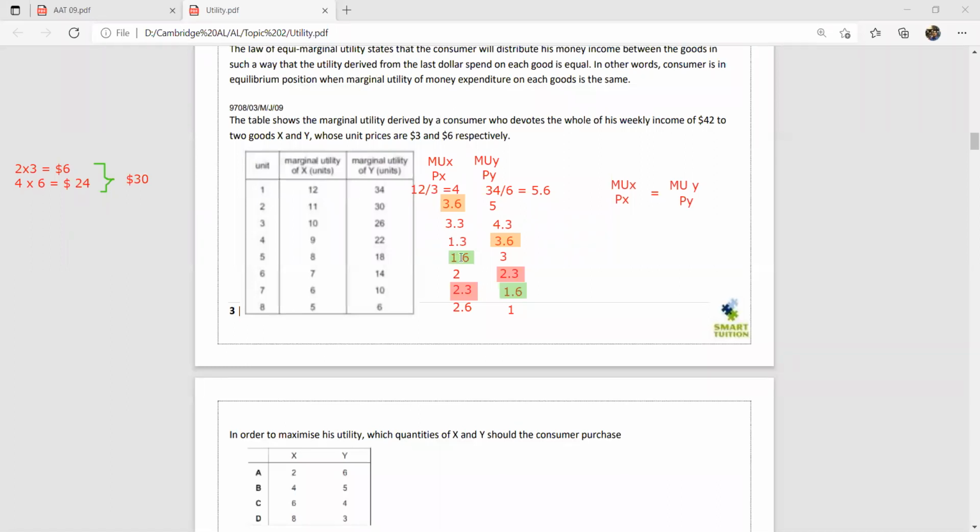Now we take the green color one. Then the consumer purchases 5 units of X. Price of X is 3, $15. And 7 units of Y. Price of Y is 6, 42.